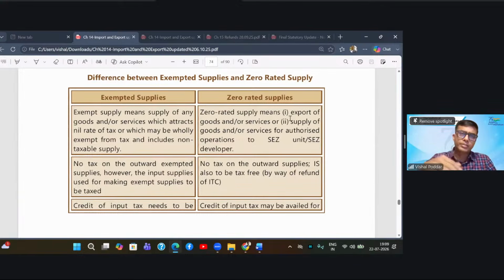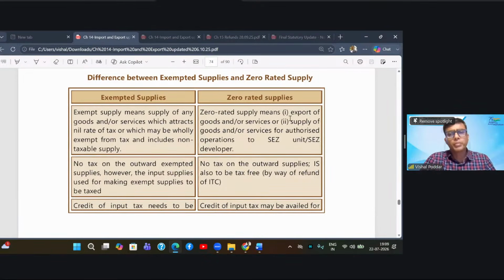Now, in that case, your goods and service are bearing some tax, which may be 5, earlier 12, 18, 28 earlier, now 40, or even 0 or nil. So your outward is bearing some tax. But the moment you export it, the moment you sell it to SEZ, we call that outward a zero rated supply.